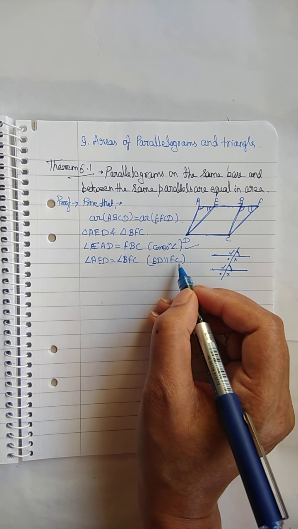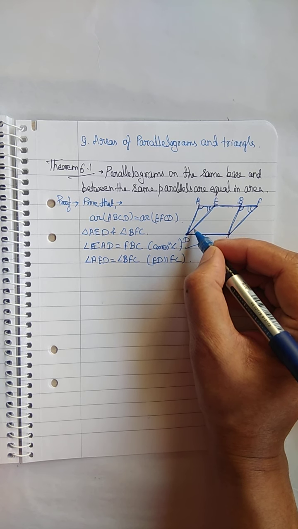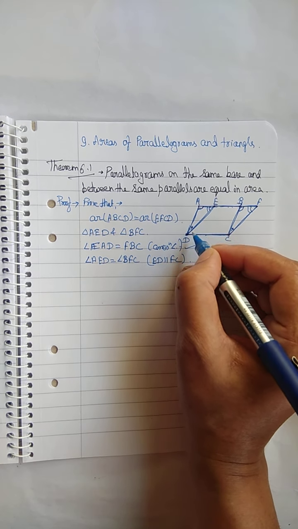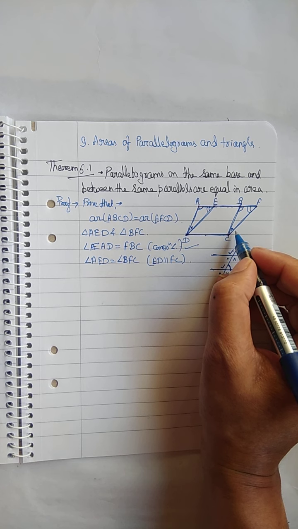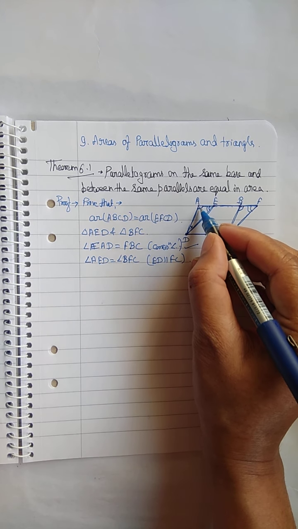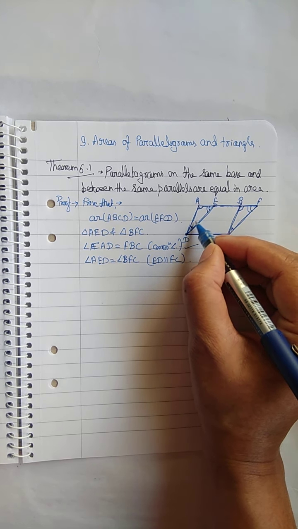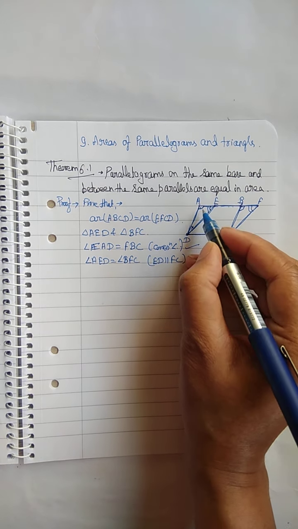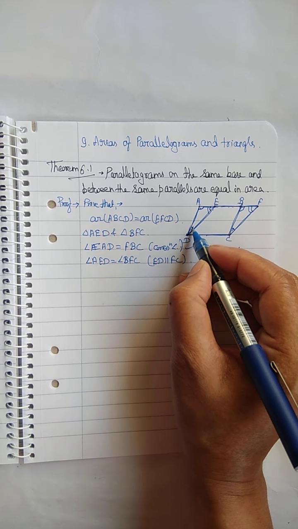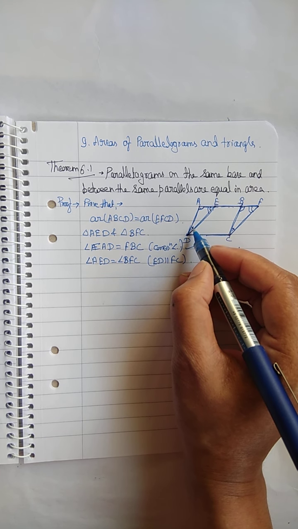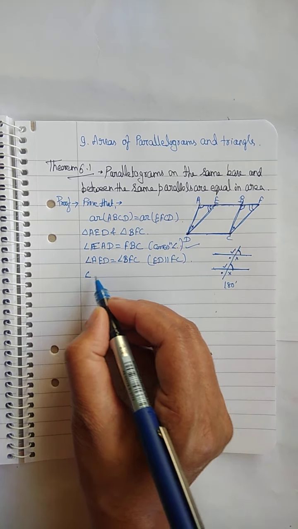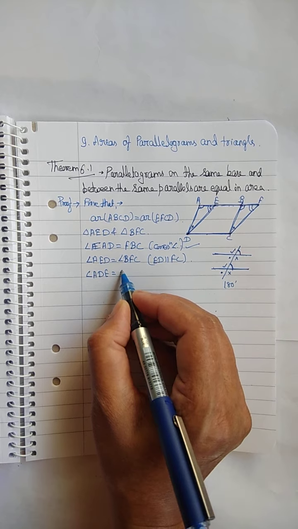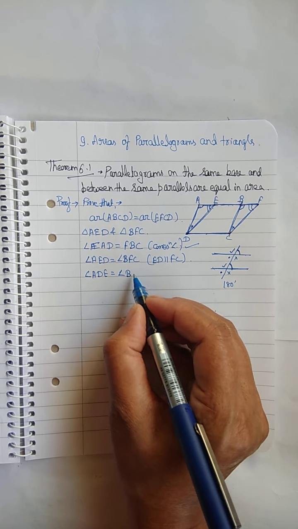Correct? You just write all the things. So the remaining angle will automatically be equal. Why? Because in a triangle the sum of angles equals 180 degrees. So if two angles are equal, the third angle will automatically be equal. So we can directly write angle ADE equals angle BCF.